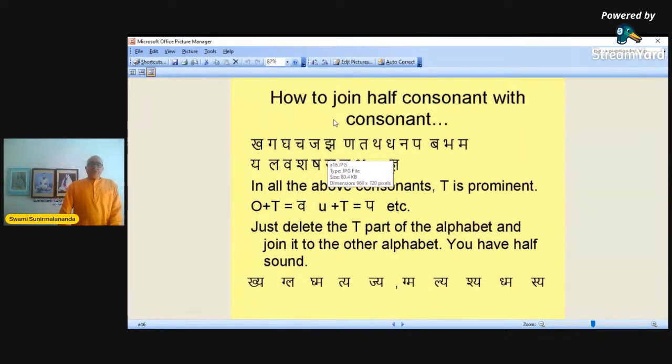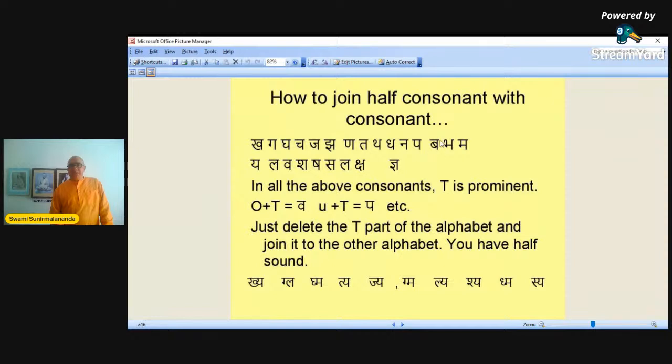Now, in order to join the half consonant with the other consonant, you have to write half of the consonant. For this, what will you have to remove from the consonants that you have learned till now? Just note this T. In almost all of the consonants, you can see that the T is prominent, complete. It is written completely. It is accompanying the other part of the design.